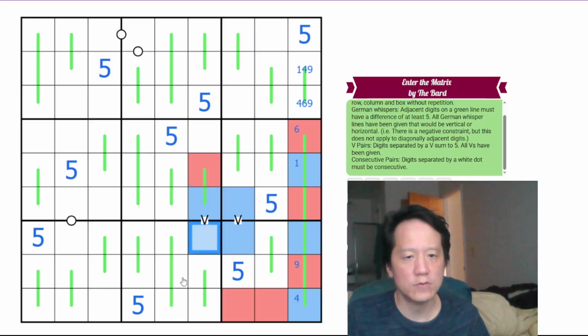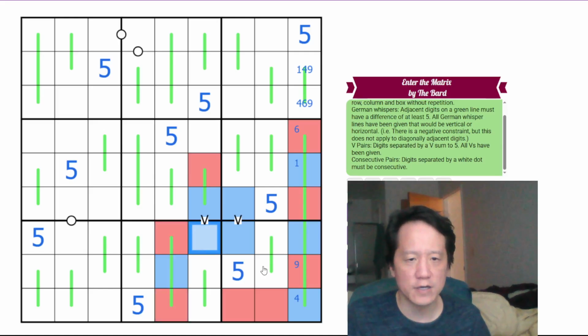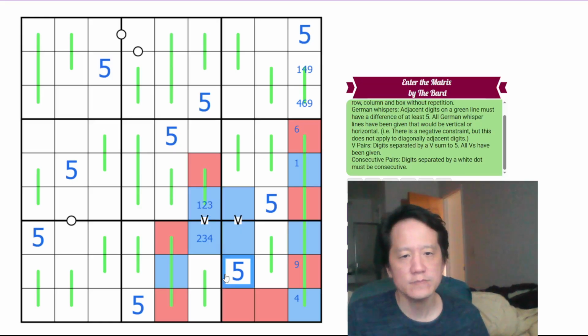This is low. If this were low and low, that would be 5 lows in this box. So this must be low here, which makes this high. Therefore, this is high. This cannot be 1 because there would then be a German whisper line there. So this is 2, 3, or 4, which makes this 1, 2, or 3.